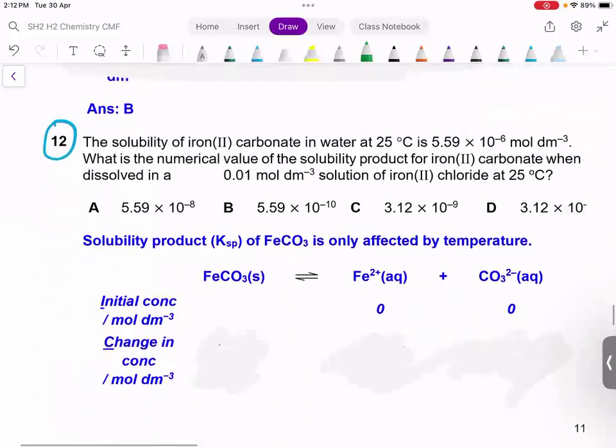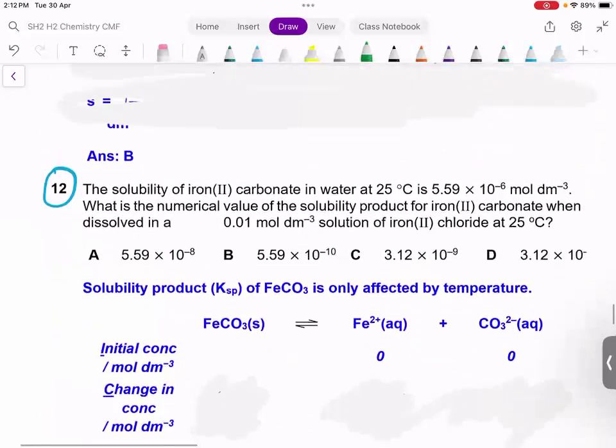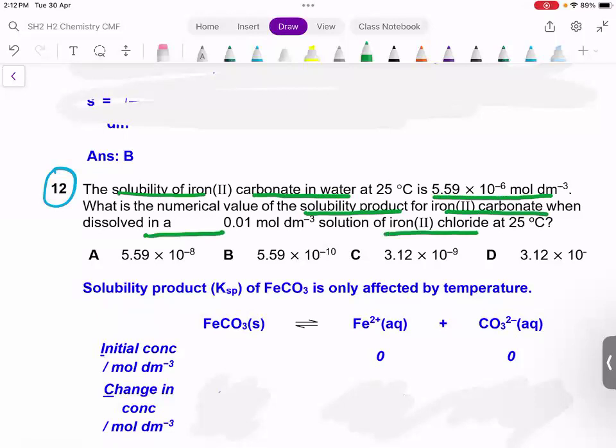All right, so for question 12, do you have problem? Are you able to deduce the answer? Okay, for question 12, you have to recognize that solubility of iron carbonate in water is this. Okay, and you are asked to calculate solubility product for iron 2 carbonate when it is dissolved in iron 2 chloride, which is in the presence of a common ion. So one thing you need to take note of is what?